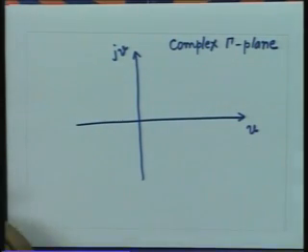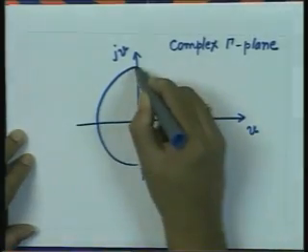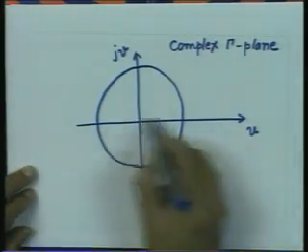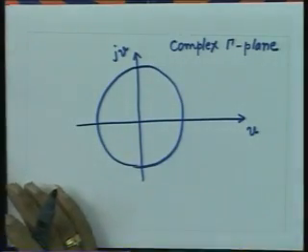Since for all passive loads the magnitude of the reflection coefficient is less than or equal to 1, all impedance points have a corresponding reflection coefficient point which lies within the unity circle in the complex gamma plane. So, if I draw a unity circle whose radius is equal to 1, all passive load reflection coefficients will lie within this circle.